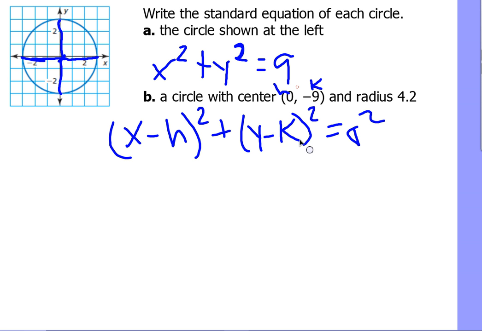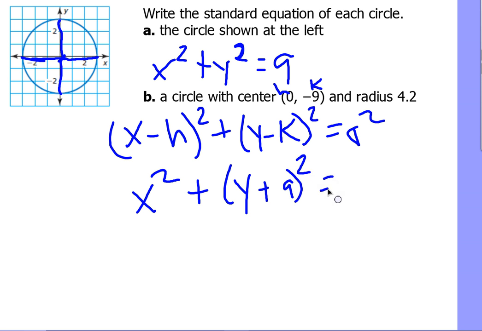So -0 is just 0, so x squared, plus y minus a -9 is a positive 9 squared, equals 4.2 squared, and 4.2 squared is going to end up being 17.64.